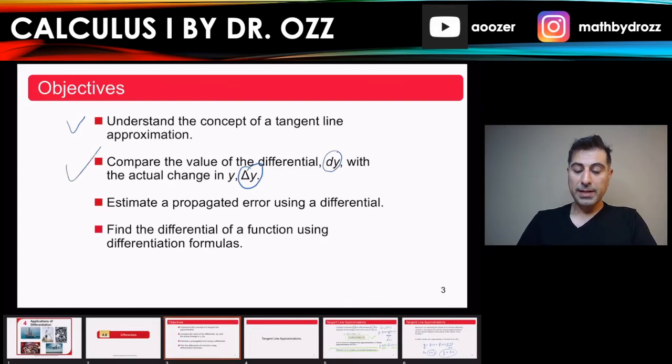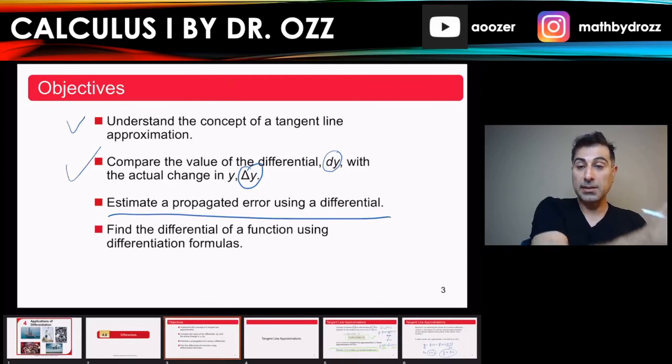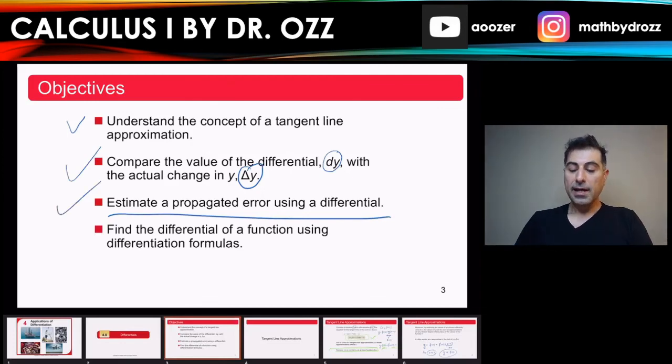And we also talked about a propagated error using a differential: you make a measurement error, and then that propagates because you use that measured quantity to calculate something else. We had a good example for that, and eventually we were able to find the differential of a function using differentiation formulas, and we ended up having a good example to find the cubic root of 26. So how do you approximate the cubic root of 26 by using differentials?